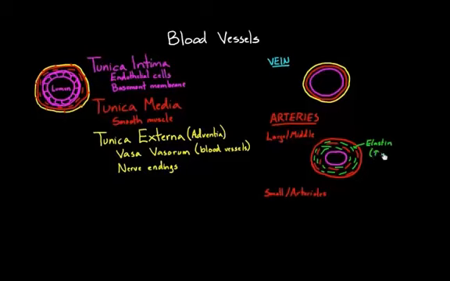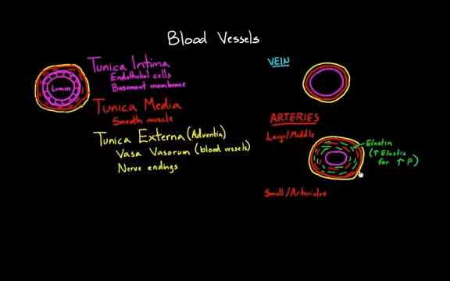More elastic for high pressures. And I'll write P for pressures. So that's what the middle layer looks like. And of course, you still have your outer layer as before. Okay, so you've seen one key difference now, right, with these large and middle-sized arteries.